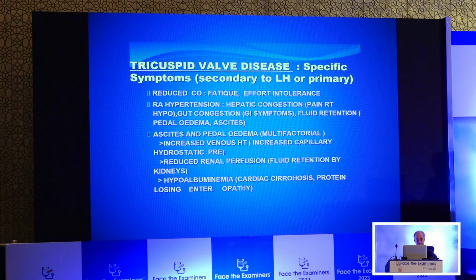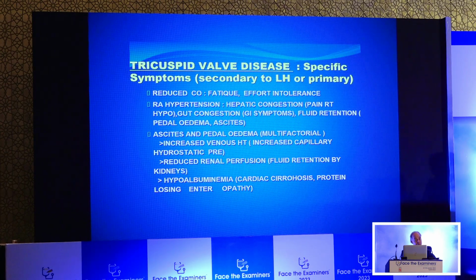And in a patient with involvement of the mitral valve or aortic valve, there can be certain symptoms which can be pointers to think of tricuspid valve disease. Whether it is tricuspid valve disease secondary to left heart disease or primary, these patients can have symptoms because of certain reasons.